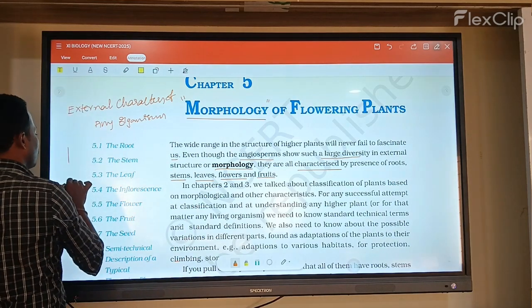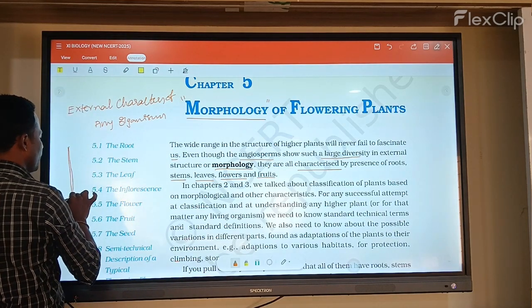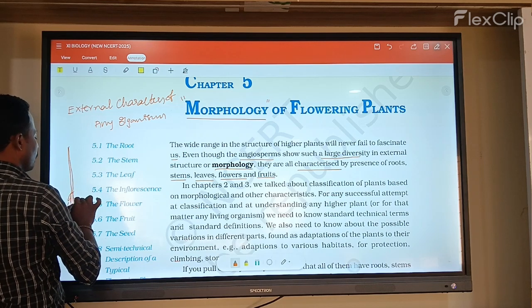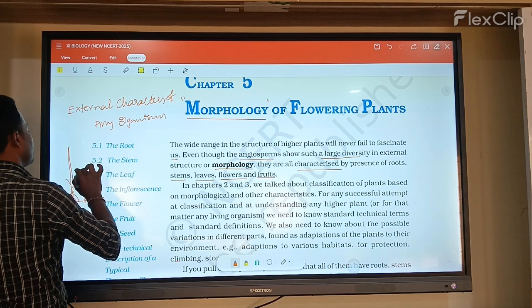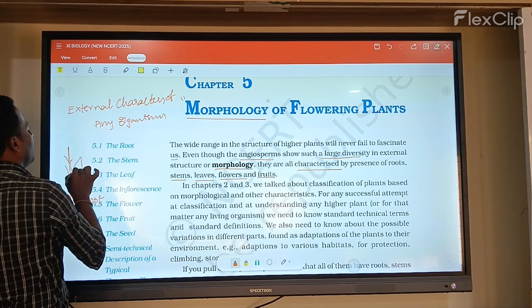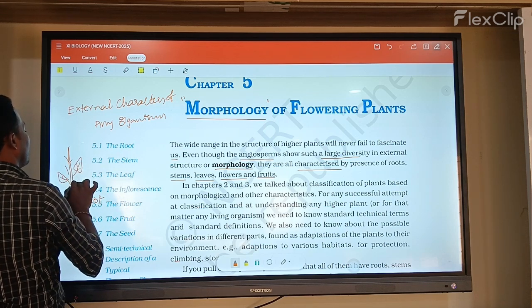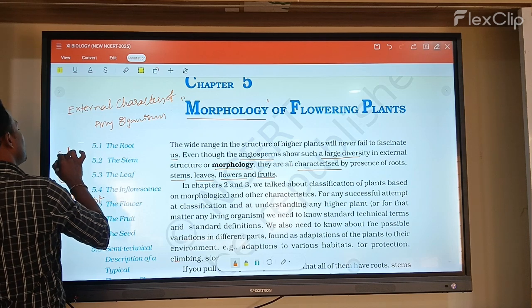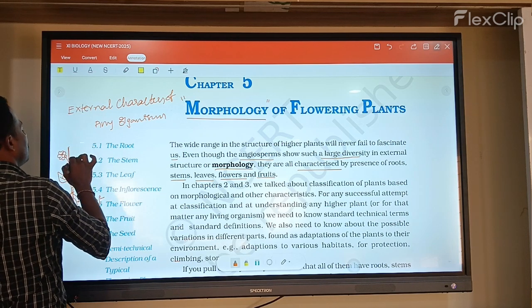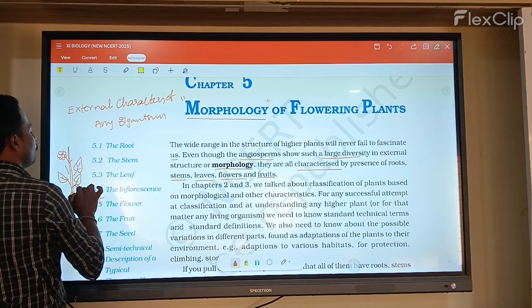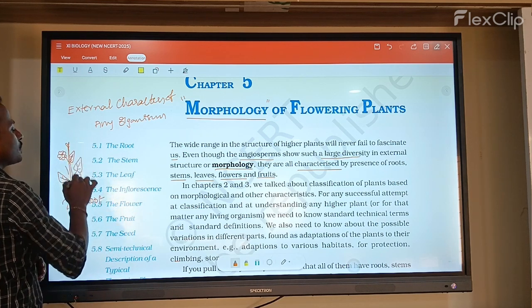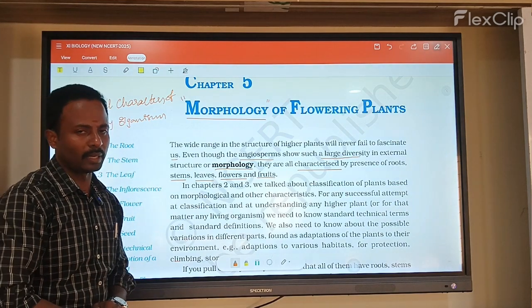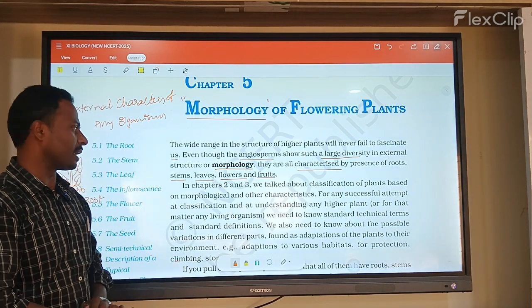Here, this entire one plant produces roots, and it produces stem and leaves, and it forms flowers and also forms fruits. All these characters are produced in one angiospermic plant. So it is called a flowering plant.